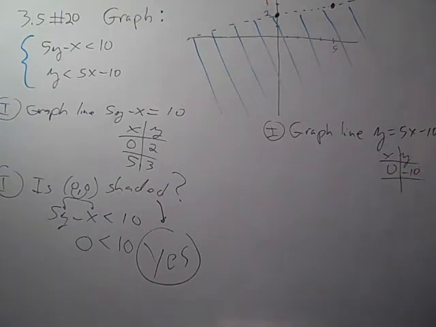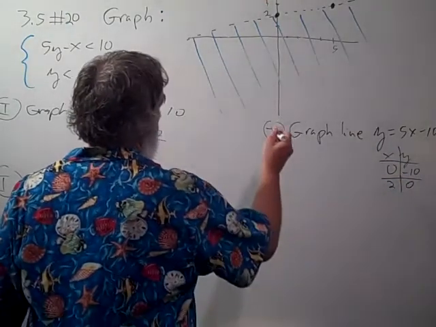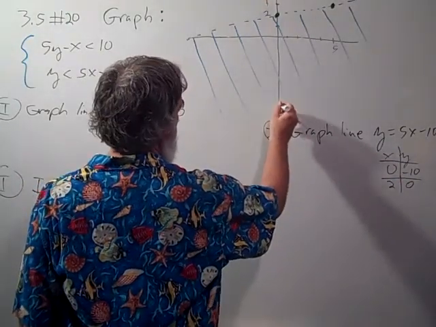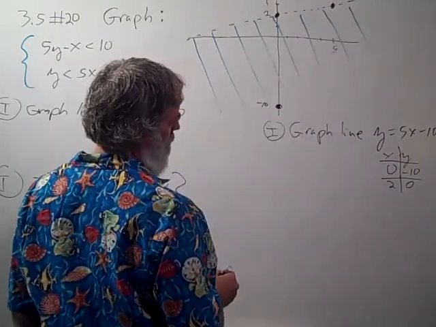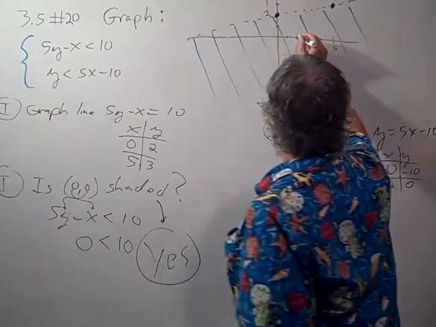And if x is 2, 5 times 2 is 10, 10 minus 10 is 0, so y will be 0. So we found the x and y intercepts. The y-intercept is at negative 10. Let's call this down here negative 10. And 2, 0 is the x-intercept.